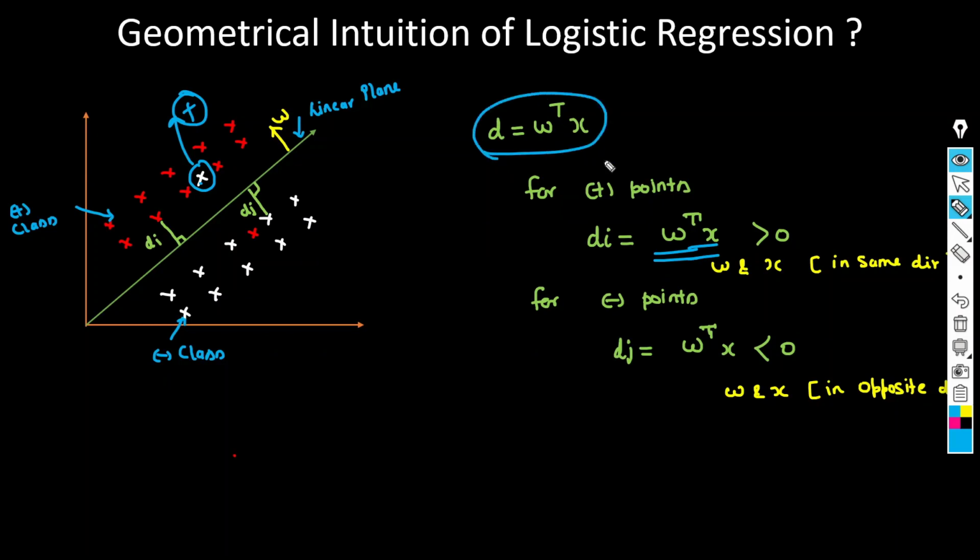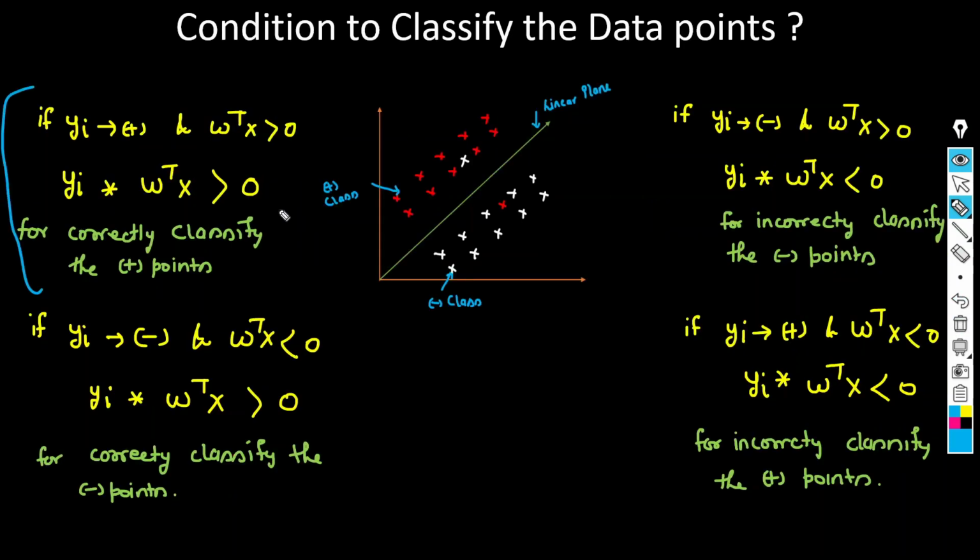So we have to make some modification in the formula. What modification can we do? We can use yi, the output variable, which has two classes, +1 and -1. We can multiply w transpose xi by yi. Let's see, if yi is positive, then the yi value would be +1.